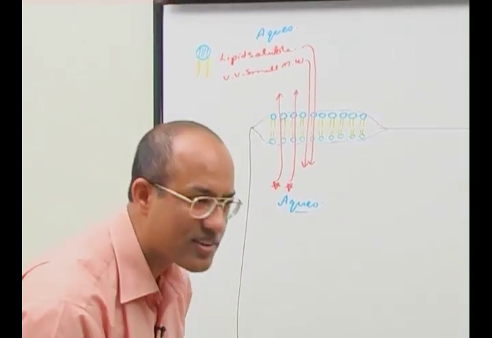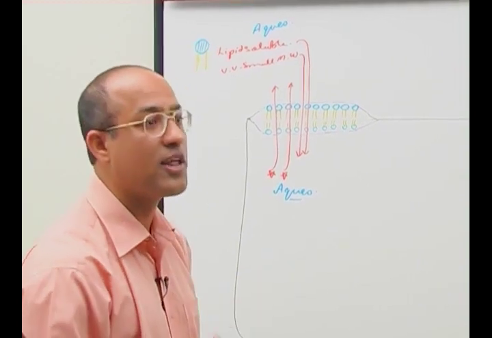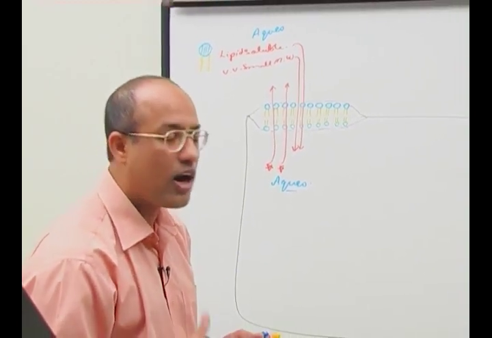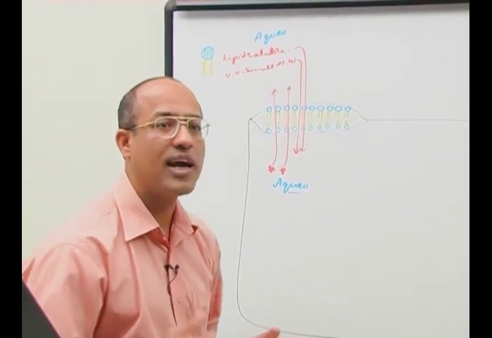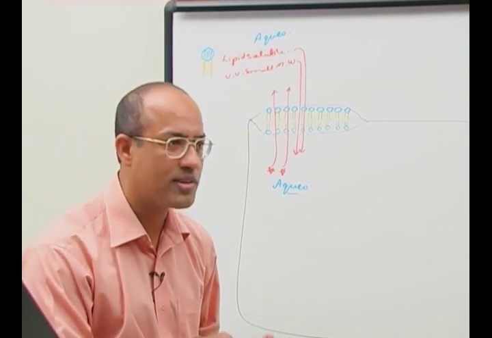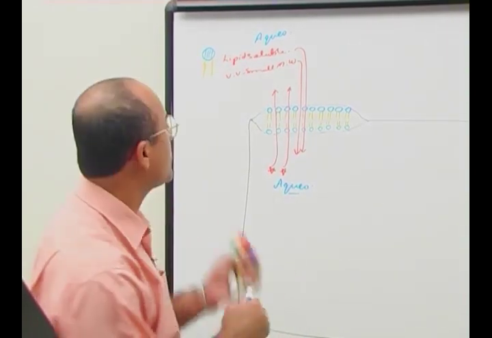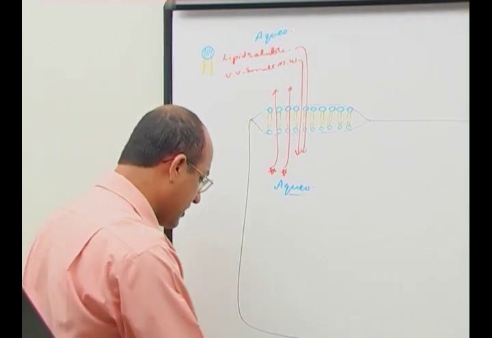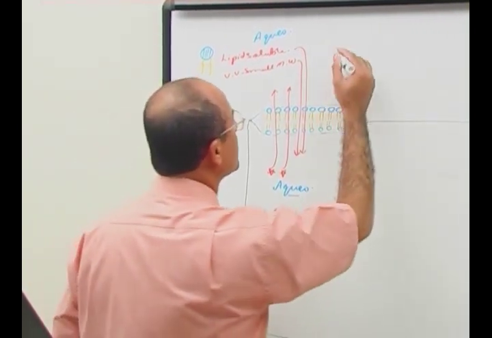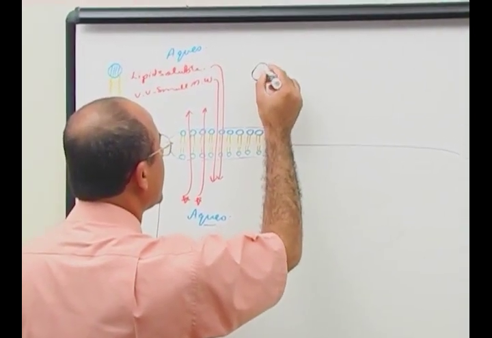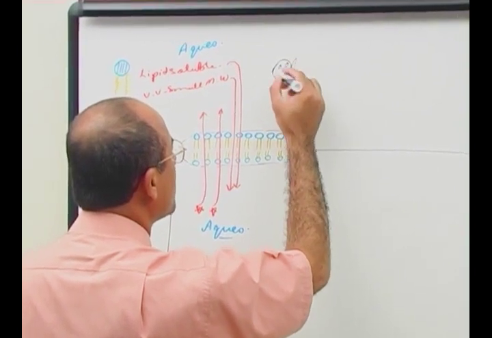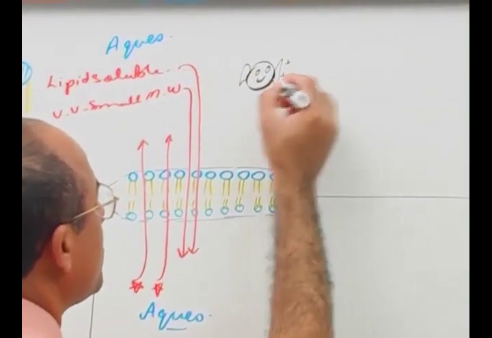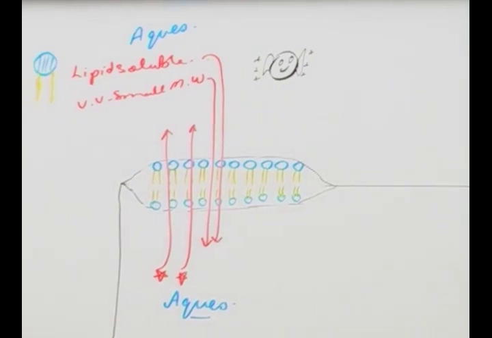But other substances which are larger molecules, or those which are highly polar. Polar substances mean they have charges on them. For example, this is another substance, and this molecule has charges on it. It's a polar compound.